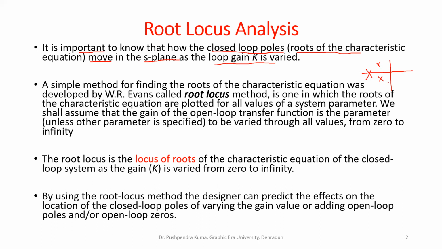If you change a particular system parameter, the pole locations will change, and there may be a case that these poles will move towards the right hand side of the imaginary axis. In that case, the system will become unstable. So you can predict that by drawing a root locus for different poles.